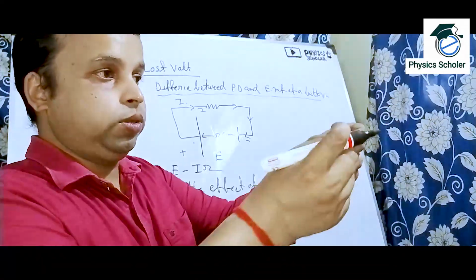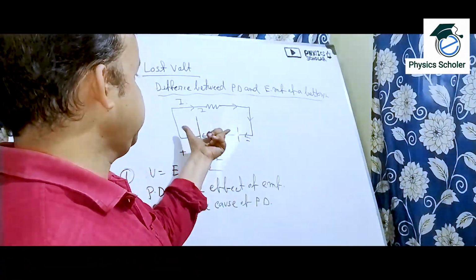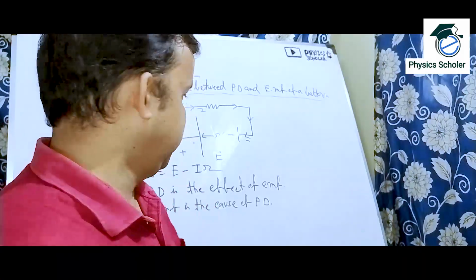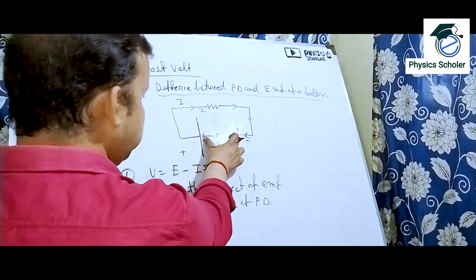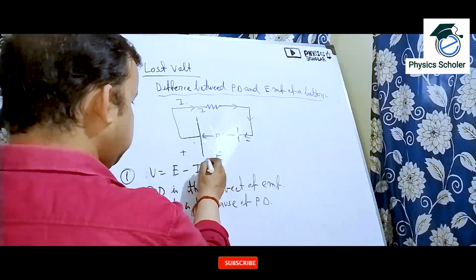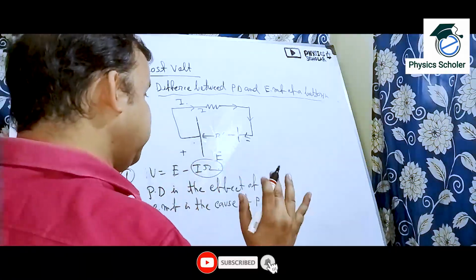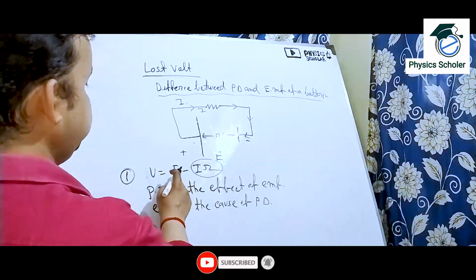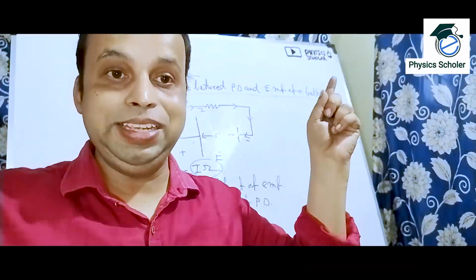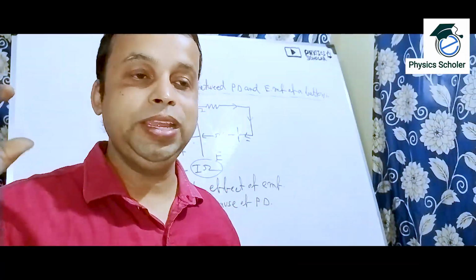If no external circuit is connected to the battery, then the EMF and potential difference will be the same. When it is connected, then due to the lost volt, the voltage will be less. If lost volt is not there, r is equal to 0, then also V is equal to E. So the value of the potential difference cannot exceed the value of EMF.